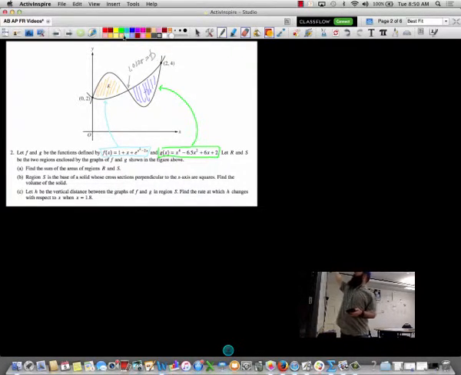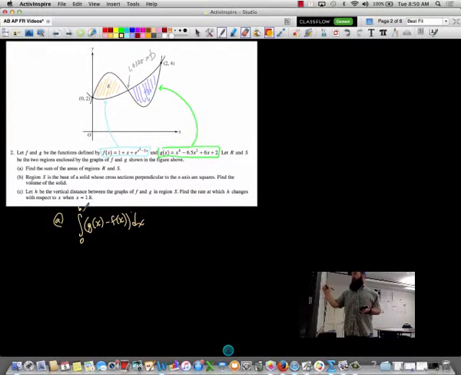So for part A, the sum of these two regions. In region R, g of x is on top, so the integrand would be g of x minus f of x with respect to x. We start this area at 0, and we end this area at b.